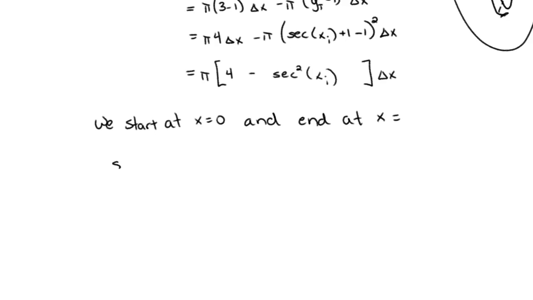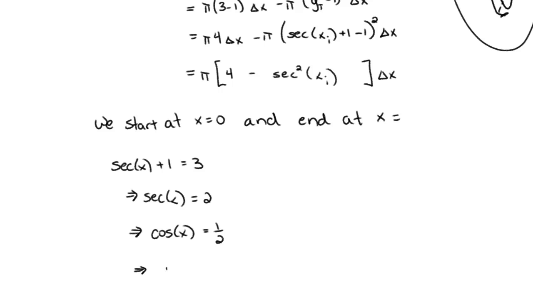When does secant of x plus 1 equal 3? Or in other words, when does secant of x equal 2? Or in other words, when does the reciprocal of the secant, which is the cosine, equal 1/2? And that would be pi over 3 from our trig.